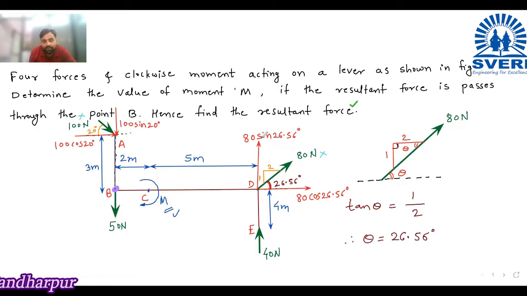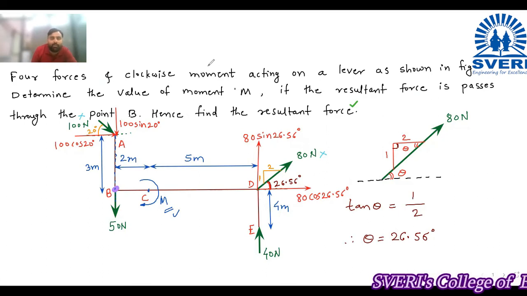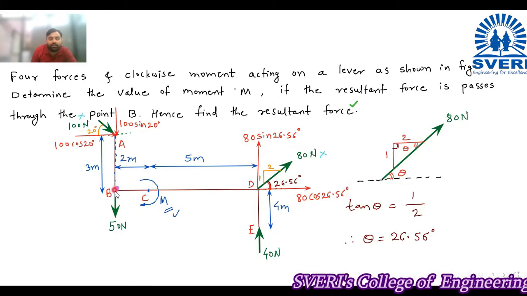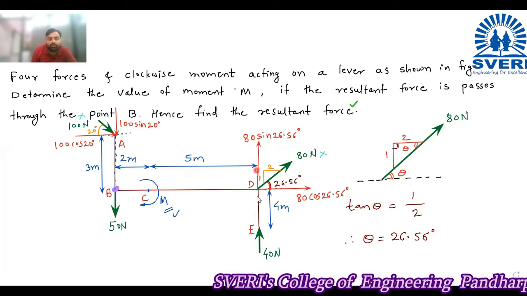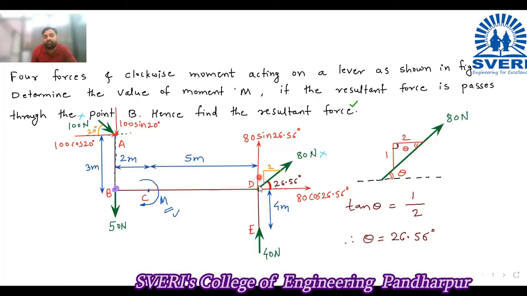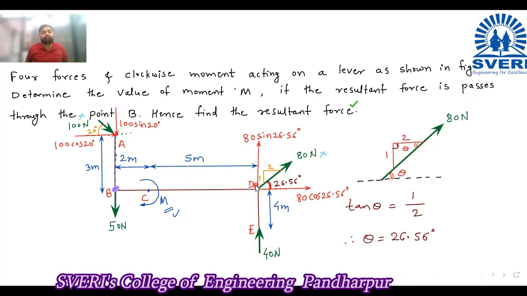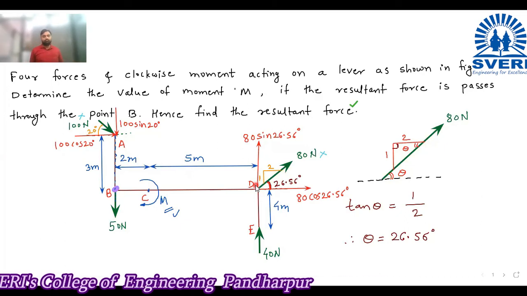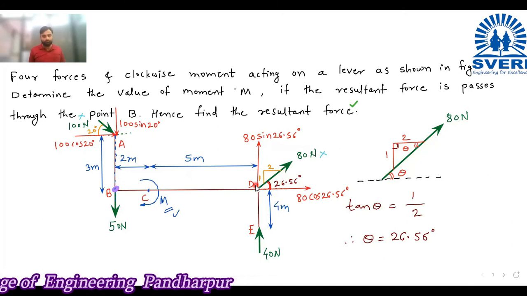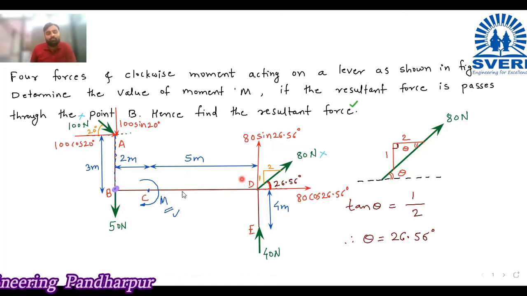The next force is this 80 sin 26.56. What is the distance of 80 sin 26.56 from point B? We are taking the moment at this point. This is my force. So what is the distance? 7 meter. B point किती अंतरावरती आहे D पासून?